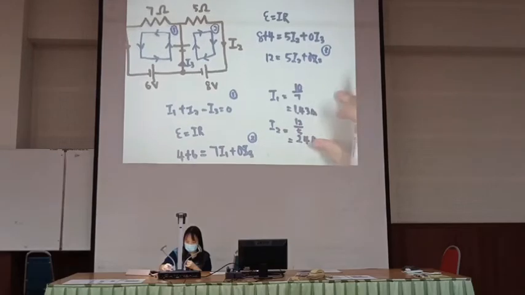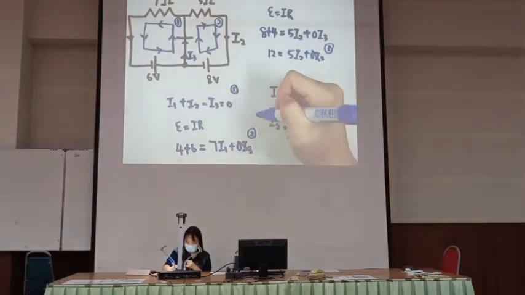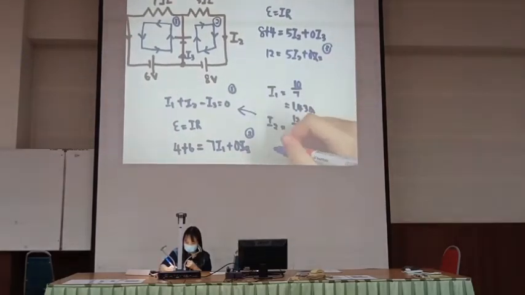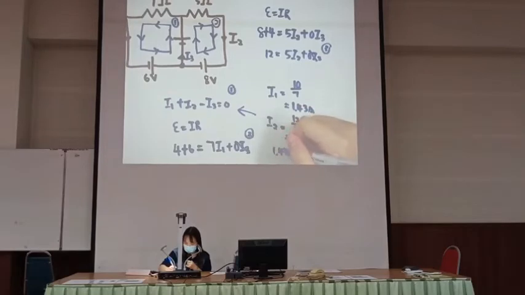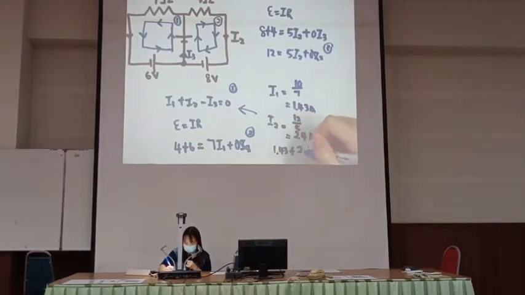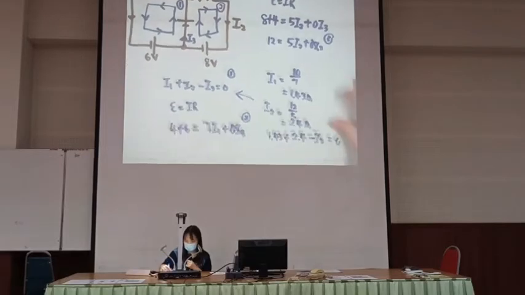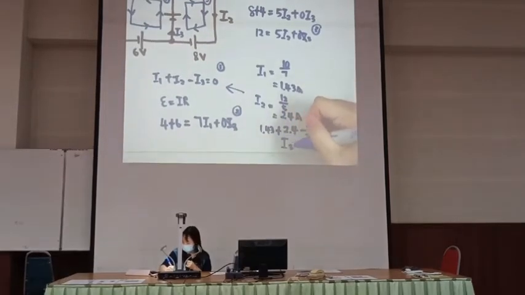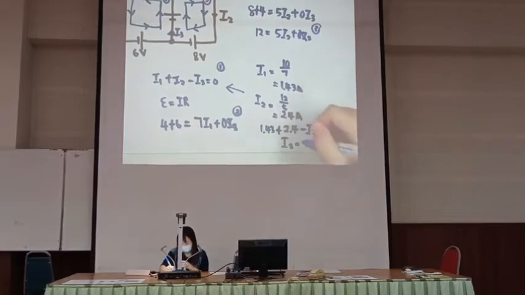After we get I1 and I2, we can substitute into our first equation, which is 1.43 plus 2.4 minus I3 equal to 0. So our I3 is 3.83 ampere.